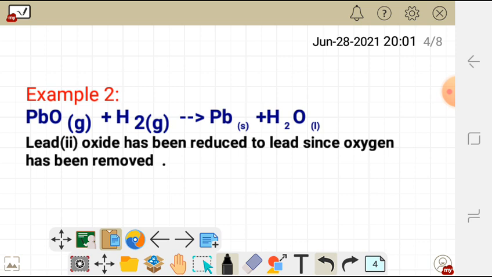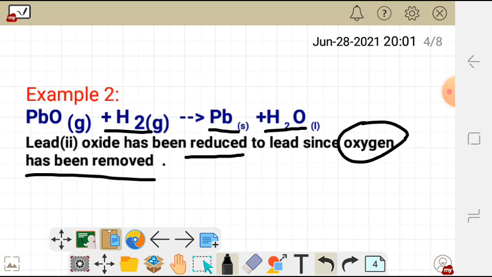We have lead(II) oxide reacting with hydrogen to form lead atoms and water. So here we can say lead(II) oxide has been reduced to lead since oxygen has been removed.